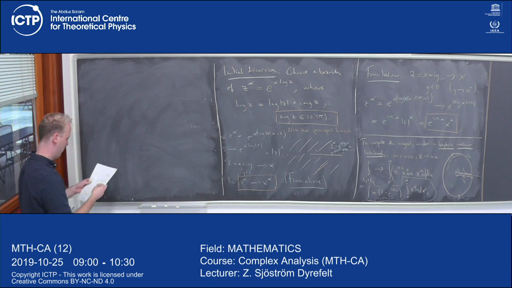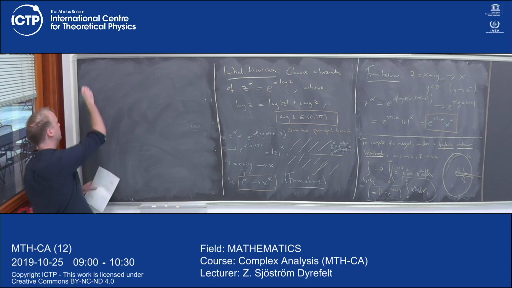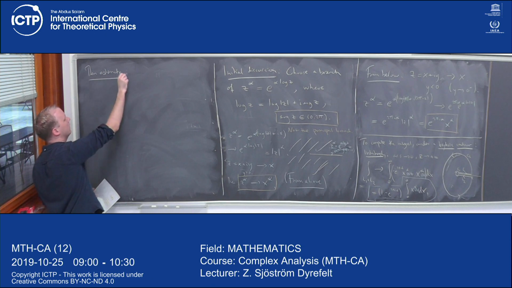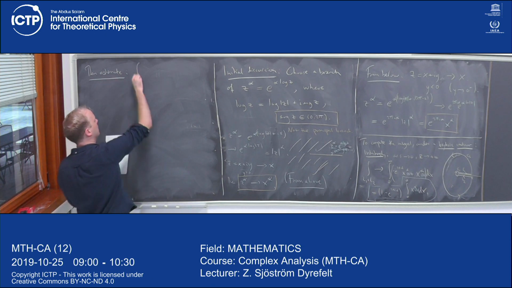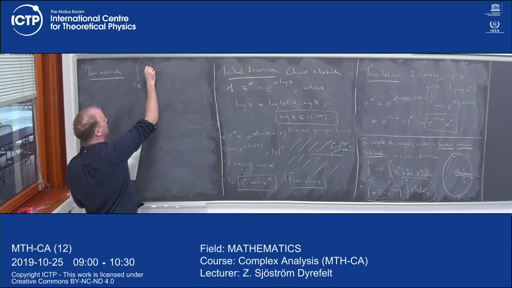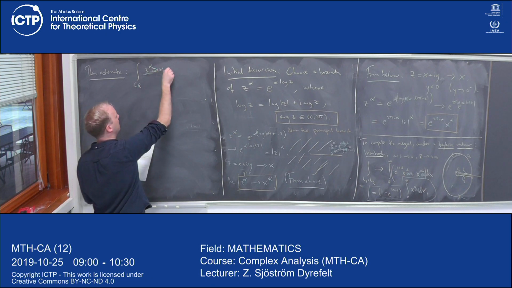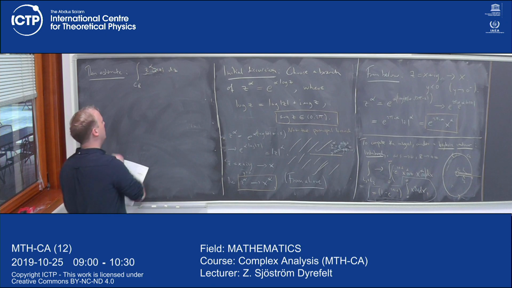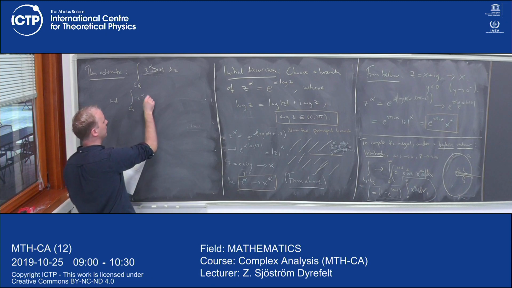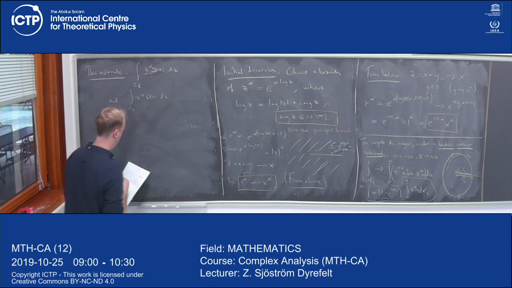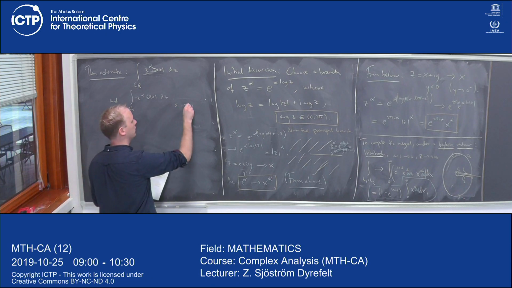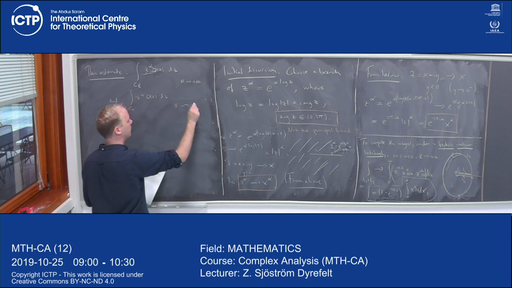Then estimate the integral along CR of this z to the alpha q of z dz, and the integral along C epsilon of the same thing, where epsilon goes to 0 and r goes to plus infinity.